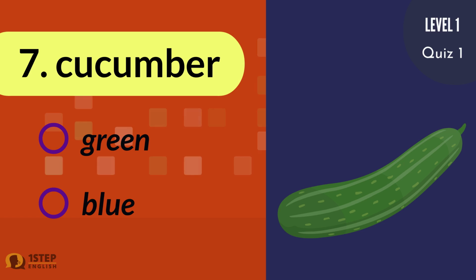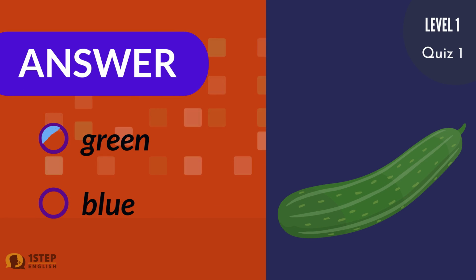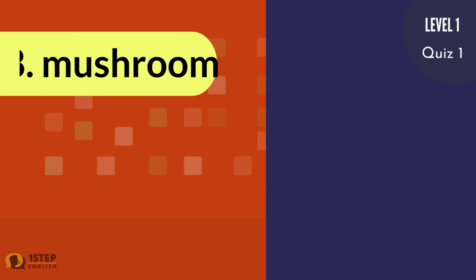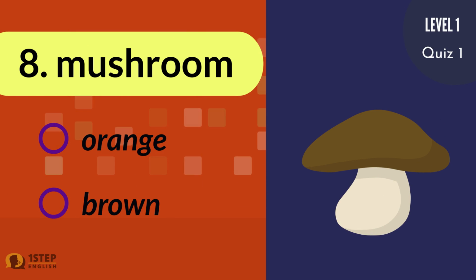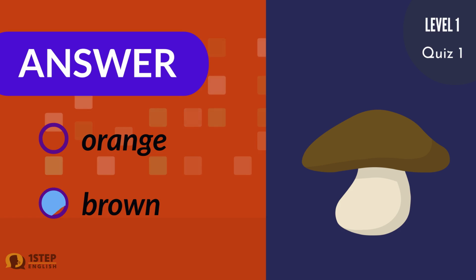Number 7. Cucumber. The answer is color green. Number 8. Mushroom. The answer is color brown.